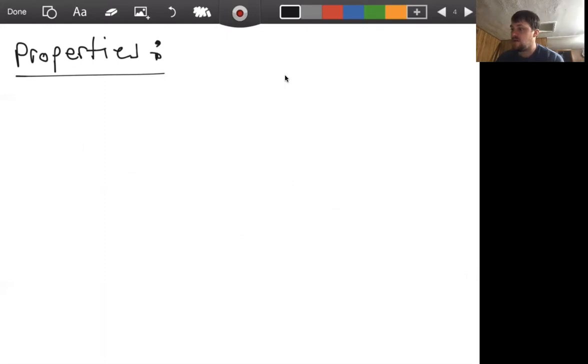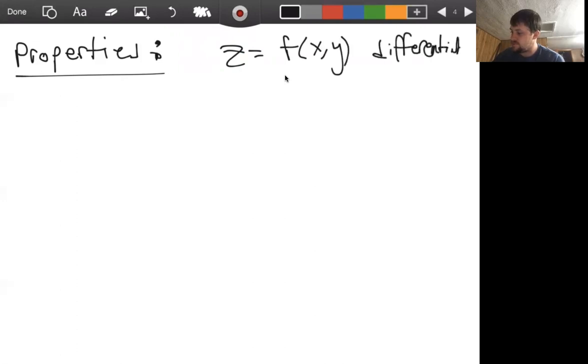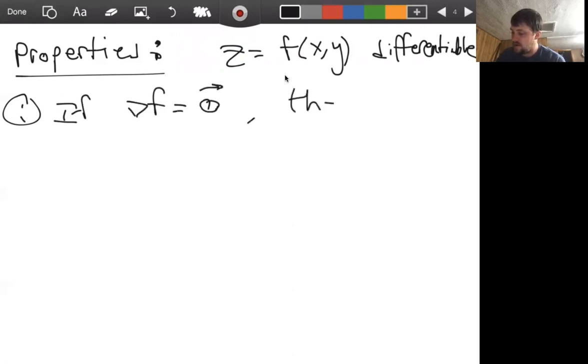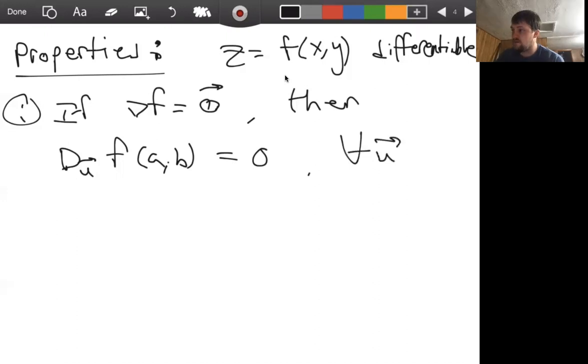Let's see some properties of the gradient. Here's a handful of properties. Again, let's consider z equals f of x, y, and assume that it's differentiable. The first property: if the gradient is the zero vector, then the directional derivatives of the function are 0 for all directions, for all u equals cosine theta, sine theta.